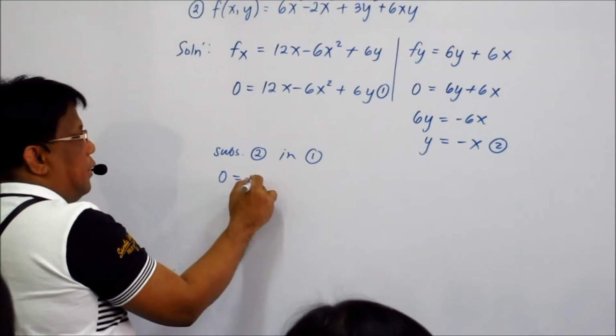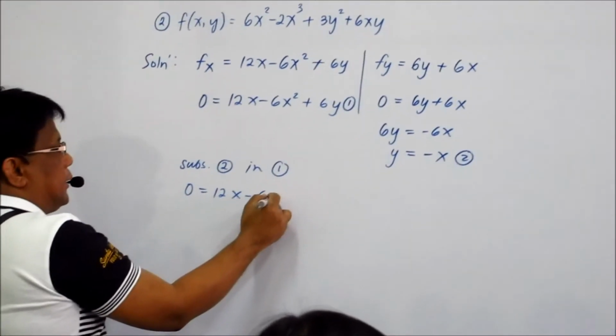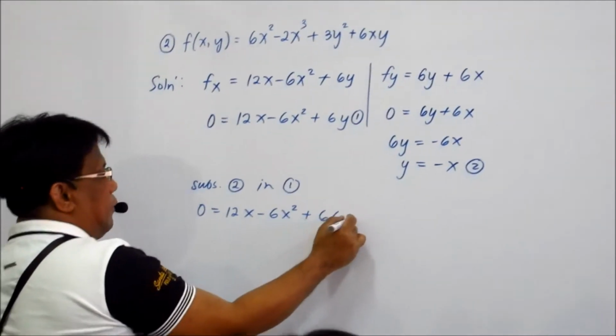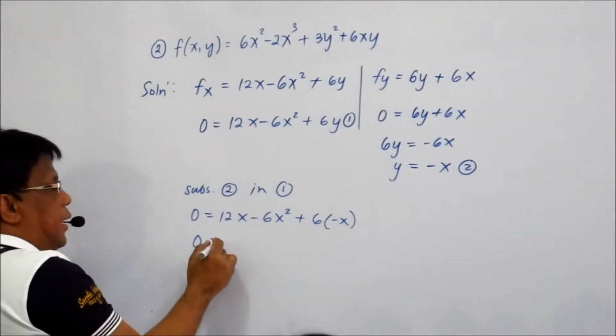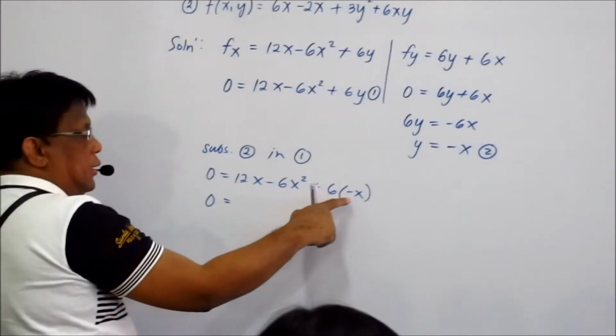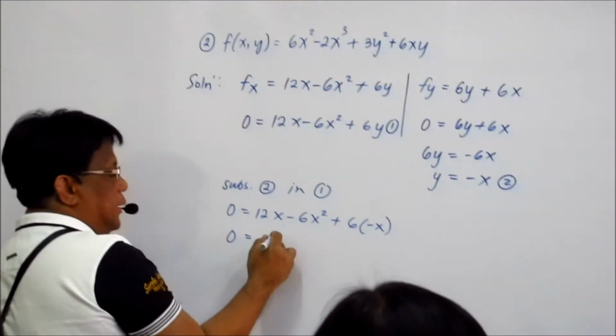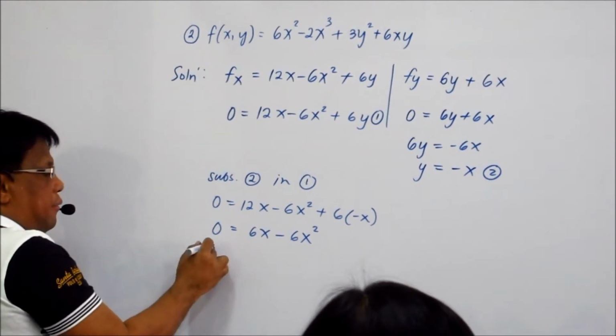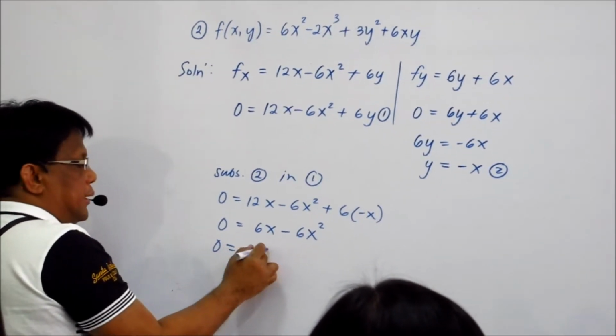So 0 equals 12x minus 6x squared plus 6 times negative x. So simplifying, we have 12x minus 6x will give us 6x, then minus 6x squared. Okay, then factor out 6x.